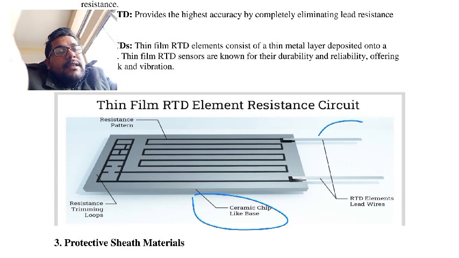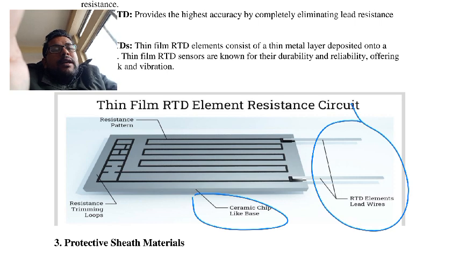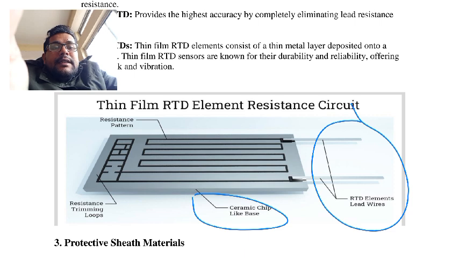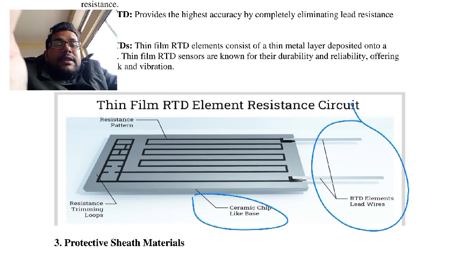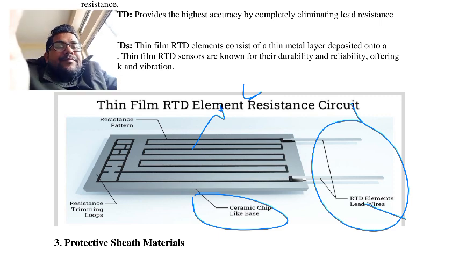This is the lead connection for connecting the RTD, to give the output to be modified or amplified at the next level for signal conditioning. This is the resistance trimming loop, and this is the material. The resistance pattern is shown like this.